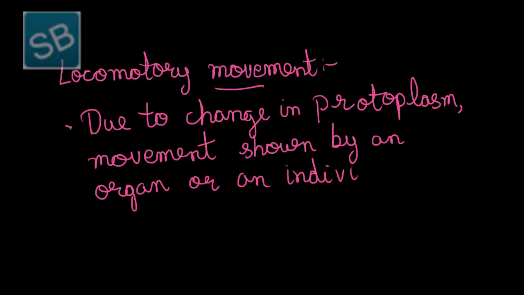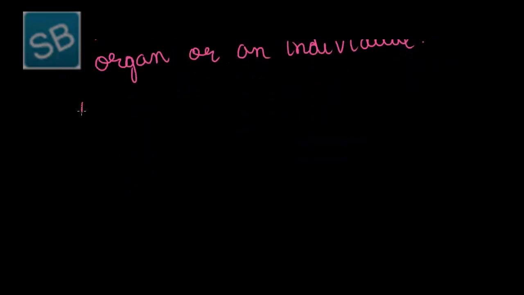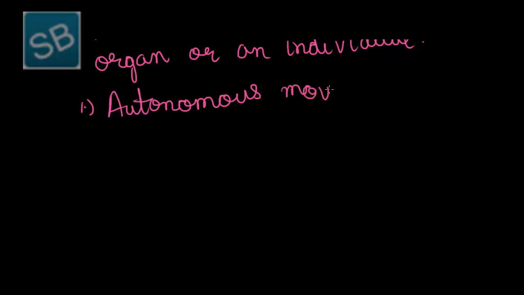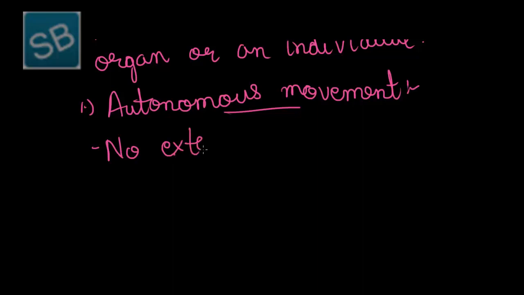On this basis, locomotory movements can also be of two types. First is autonomous movement. In such a type of movement, no external factor is responsible for carrying out the movement. That is, no external factor is involved.